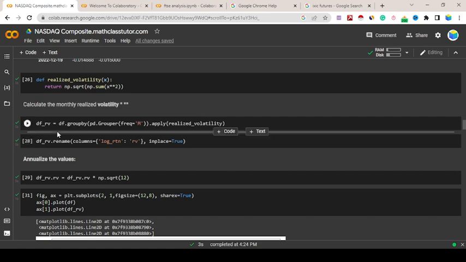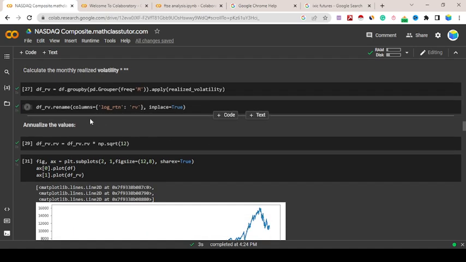So I am going to convert this data into monthly. If you need to convert into weekly, we can put w here. Yearly we can also convert here. So df_rv rename columns log returns. So now I am going to take the log return from the monthly data. Then we annualize the value, and we can see the annualized value.